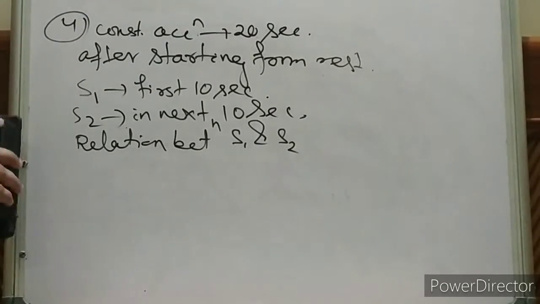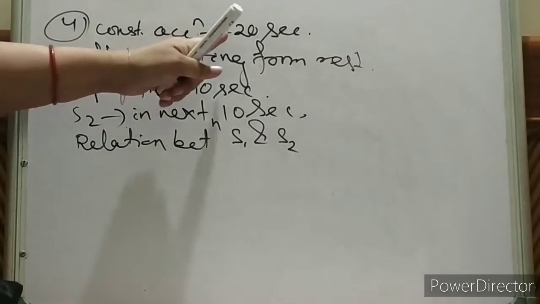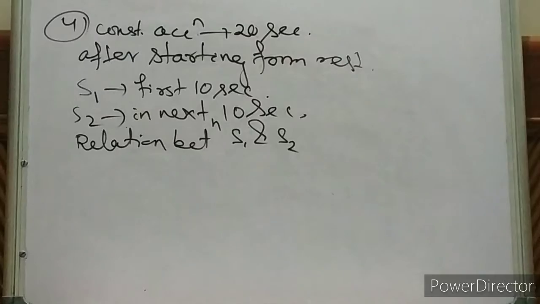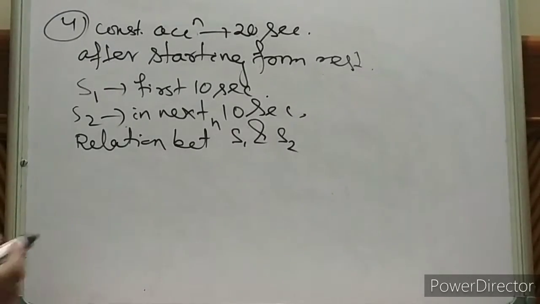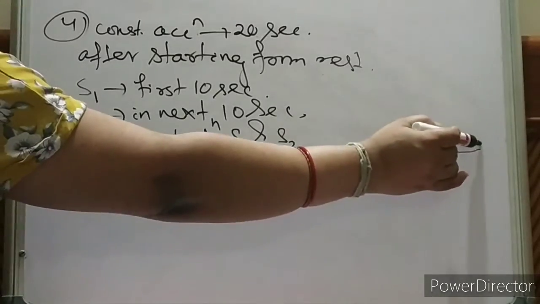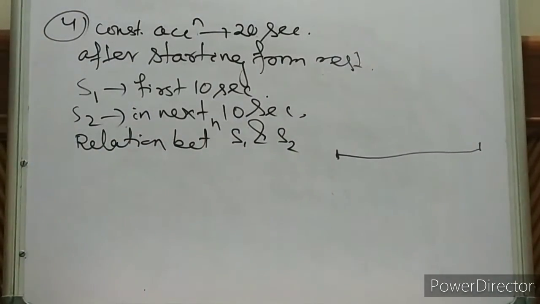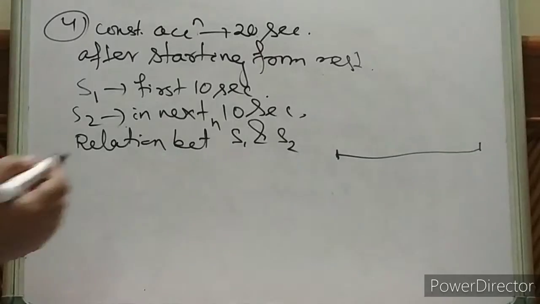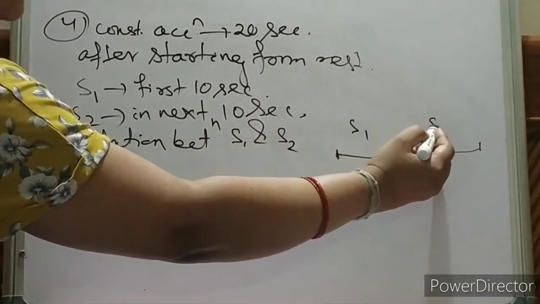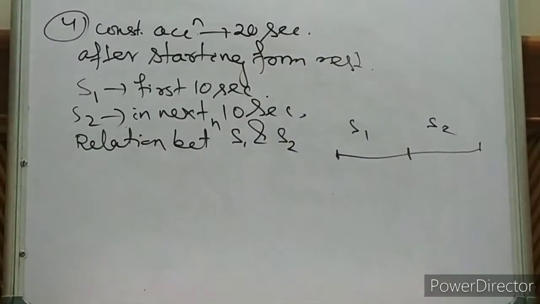Now I am rubbing this question. Okay, constant acceleration for 20 seconds. Okay children, let me draw this line first, then only you can make out. So what is given? Suppose particle is starting from this to this. So here up to this is S1 and this is S2. Clear?